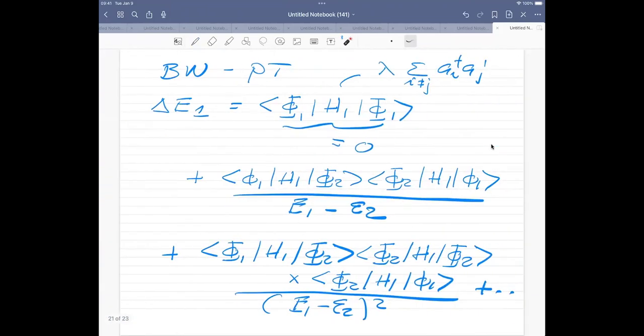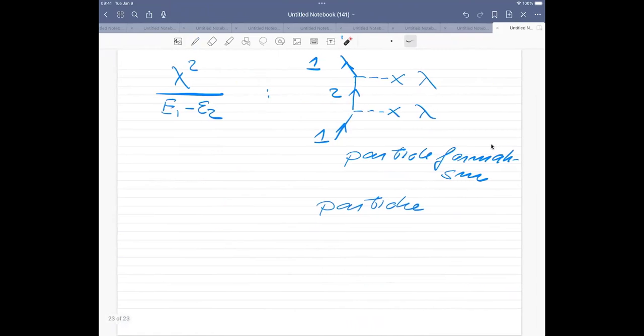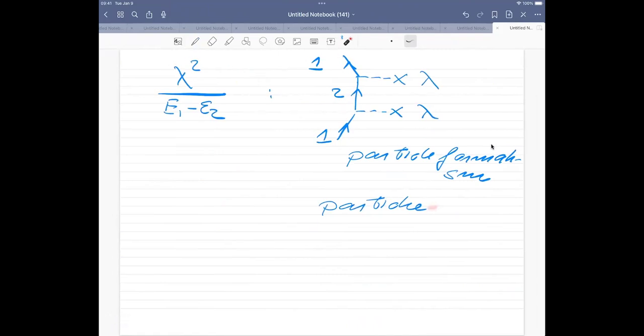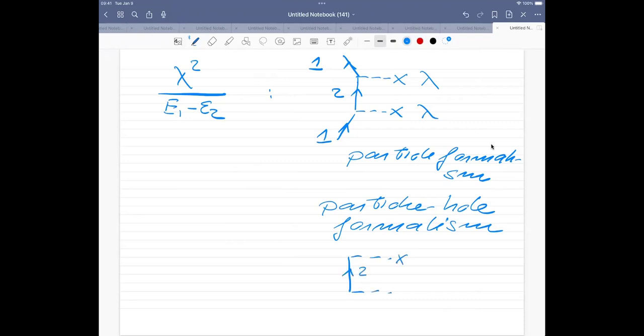Then we can simply rewrite that diagram. So in the particle hole formalism, we just link the legs of state 1 with itself. So we would get a diagram which looks like this. So we have a particle state 2 above the Fermi level, and then we have simply closed the lines here for state 1.